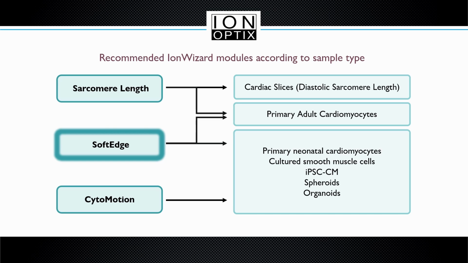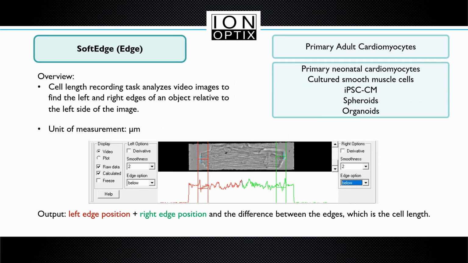Next, we will closely examine the SoftEdge module and its two available options. The SoftEdge module, often referred to as Edge, is a tool designed to precisely identify the left and right boundaries of objects, such as cells, within predefined detection limits relative to the left side of the image.